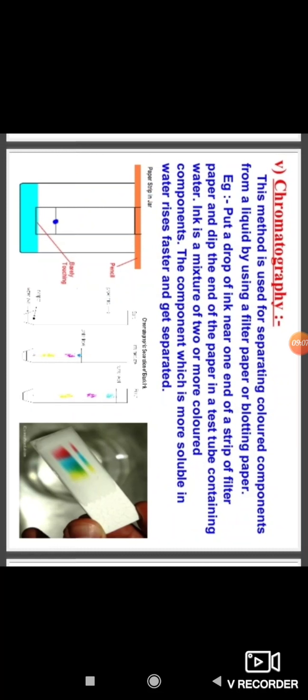And then chromatography. The process of separating the components of a mixture is known as chromatography. In the Greek word, chromo means color. This technique was first used for separation of colors, so the name chromatography was given. Chromatography is the technique used for separation of solutes that dissolve in the same solvent.